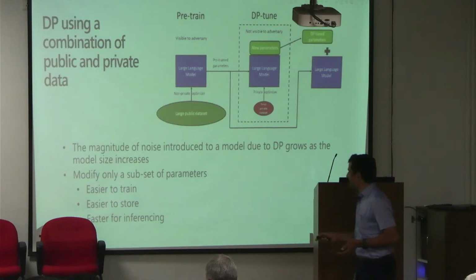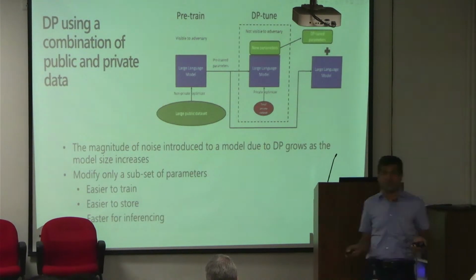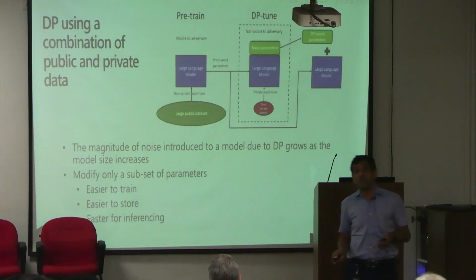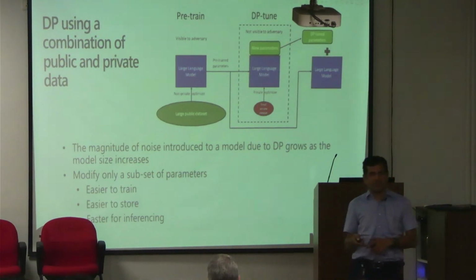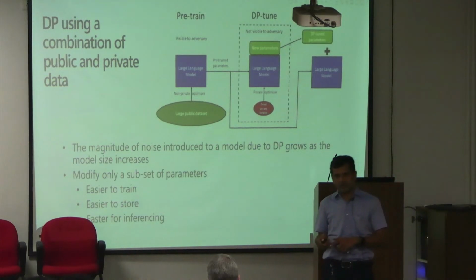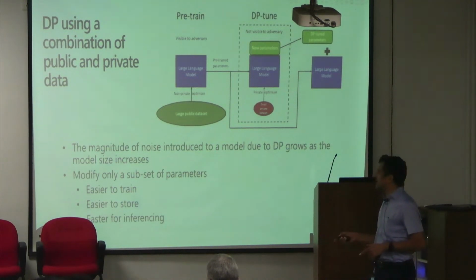Rishabh mentioned that rather than modifying all the parameters of a large language model with billions of parameters, which would require cost and lots and lots of data to train, we train only a subset of parameters.